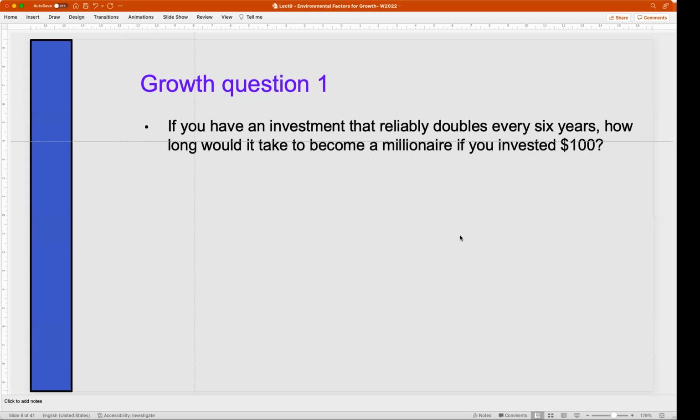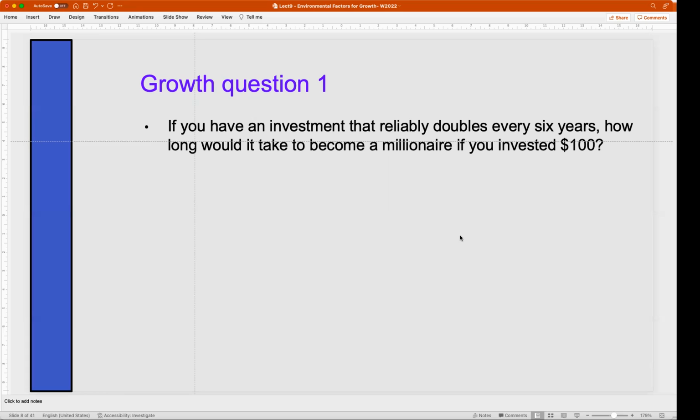84 years? 84 years. How'd you get that? Take a million divided by 100. Doubling every 6 years, how many doubling periods did you get? 14 doubling periods?